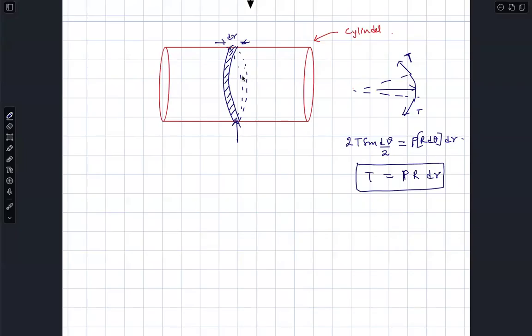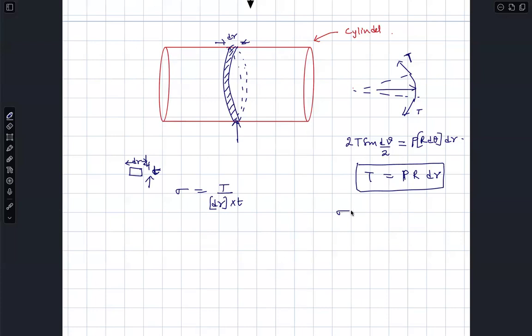Suppose if you cut here, if the thickness of the wall is some t, now the width is dr. So therefore, sigma is defined at that point as dr times the thickness of the wall.